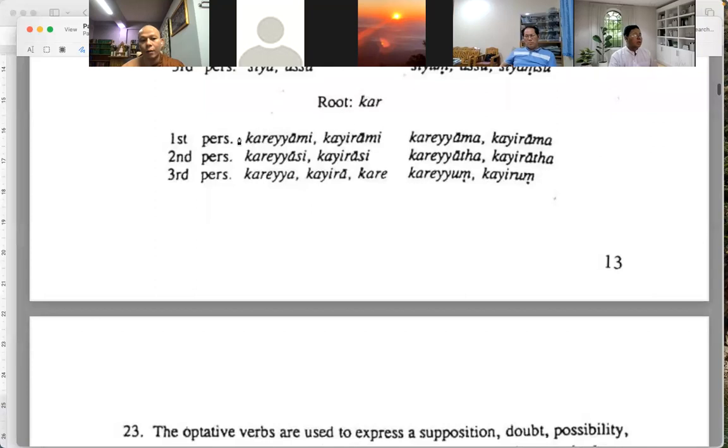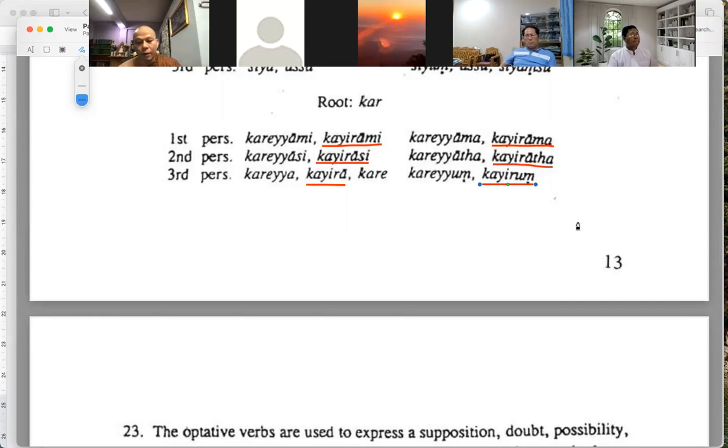Now root kar. So kariyami is a regular form. And then kayirami, you see. Kayirami, and then kayirama. And then kayirasi. Then kayirata. And then kayira. And then kayiro, you see. Those are irregular forms in this format.